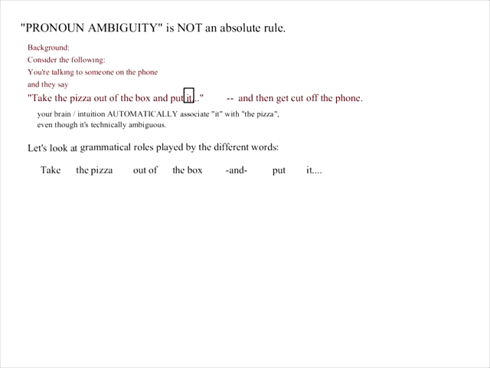If we look at what these things are doing in a sentence, a couple of you have nailed this. Take is an action verb. Then the pizza is a direct object. And as a couple of you have pointed out, accurately enough, this is a preposition, and this is an object of that preposition. But then if you take a look at the second clause, we have another action verb and another direct object.